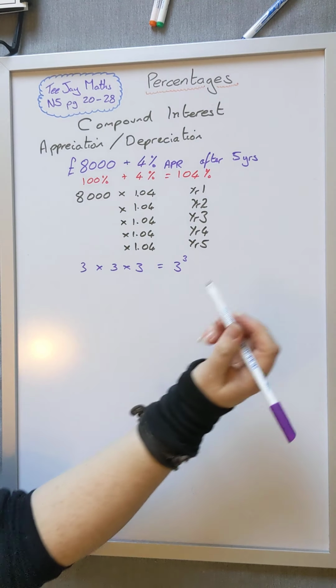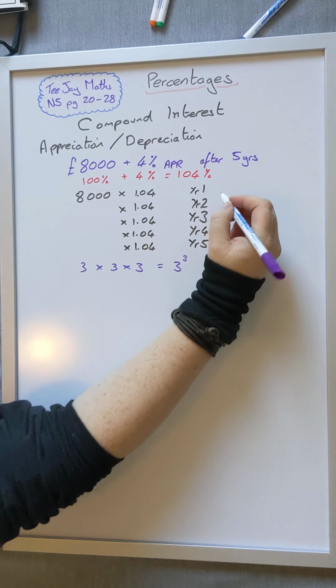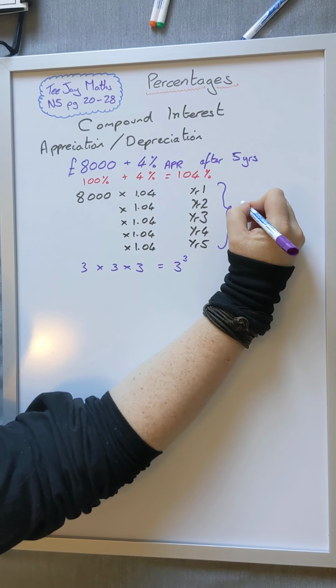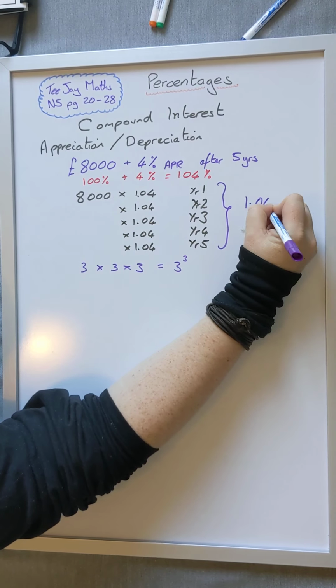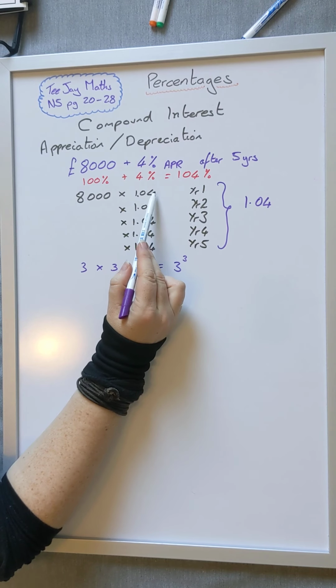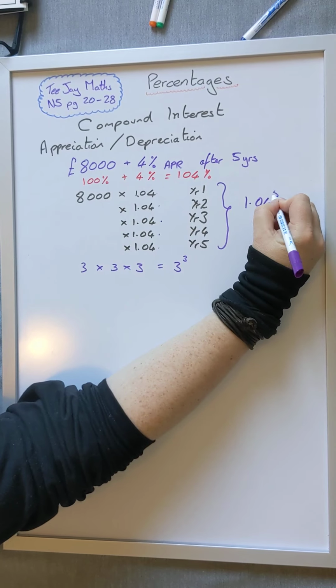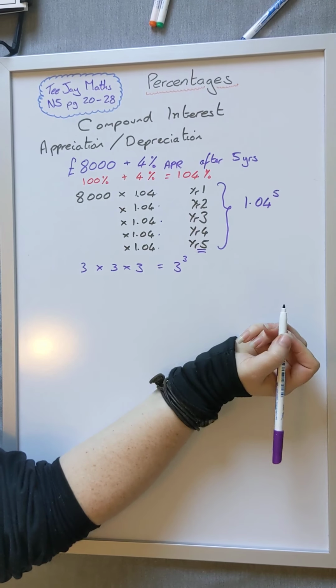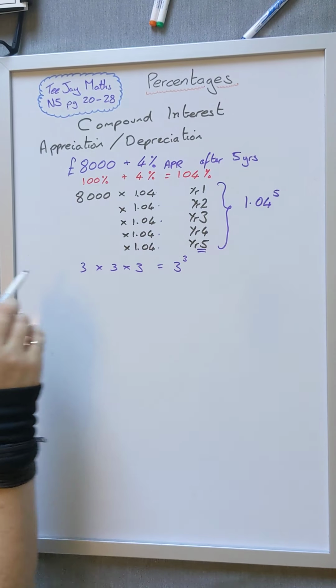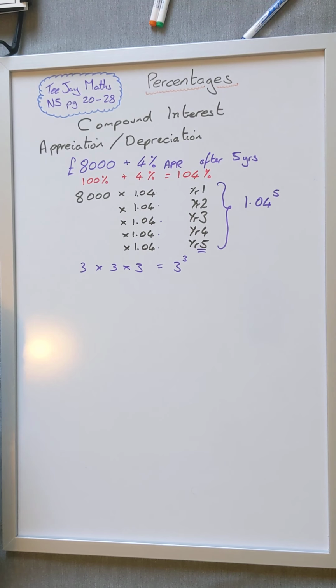So what we're going to do is we're going to say we've got 1.04 times itself 1, 2, 3, 4, 5 times, obviously because we had 5 years, and we're going to make our calculation that faster version.